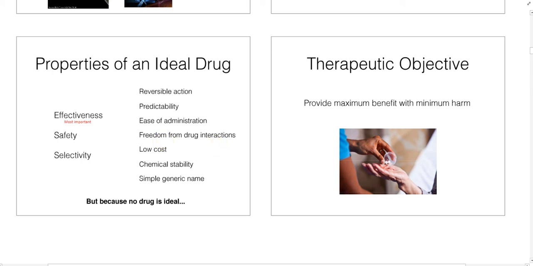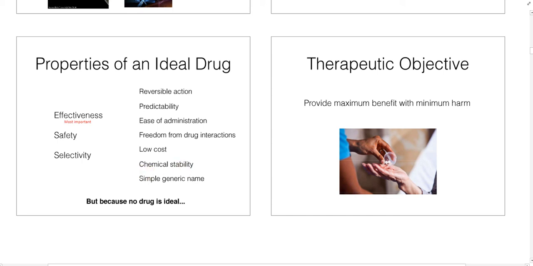Freedom from drug interactions, being that you can give all of these different drugs together that a patient may need, and hallelujah, they don't interact in a negative way. That would be amazing. Low cost, because we want to care about the impact our therapy choices can make on a patient and their finances.